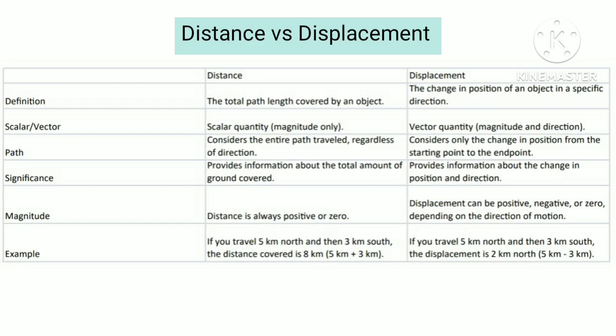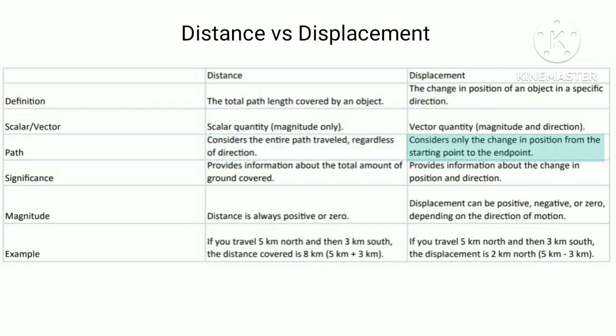Distance versus displacement. Definition: distance is the total path length covered by an object. Displacement is the change in position of an object in a specific direction. Scalar or vector: distance is a scalar quantity, magnitude only. Displacement is a vector quantity, magnitude and direction. Path: distance considers the entire path traveled, regardless of direction.